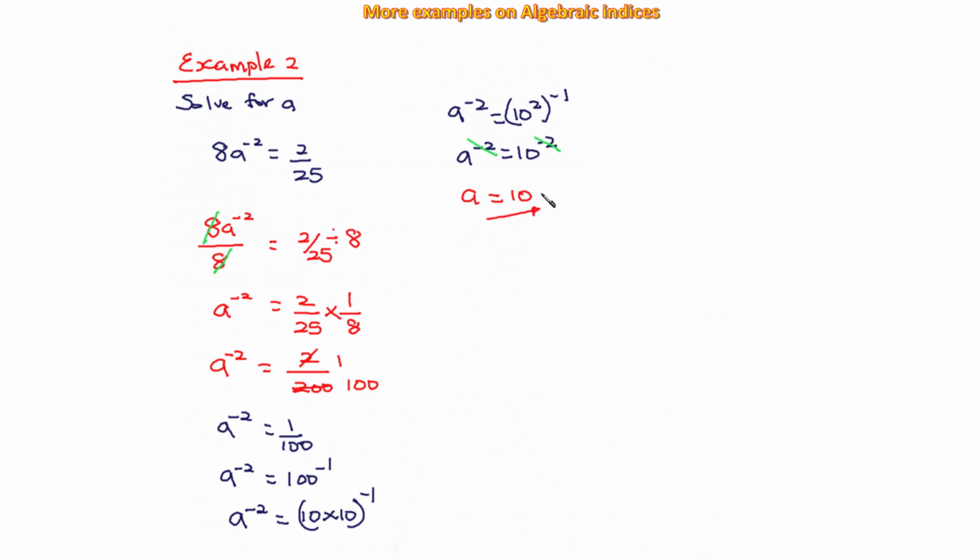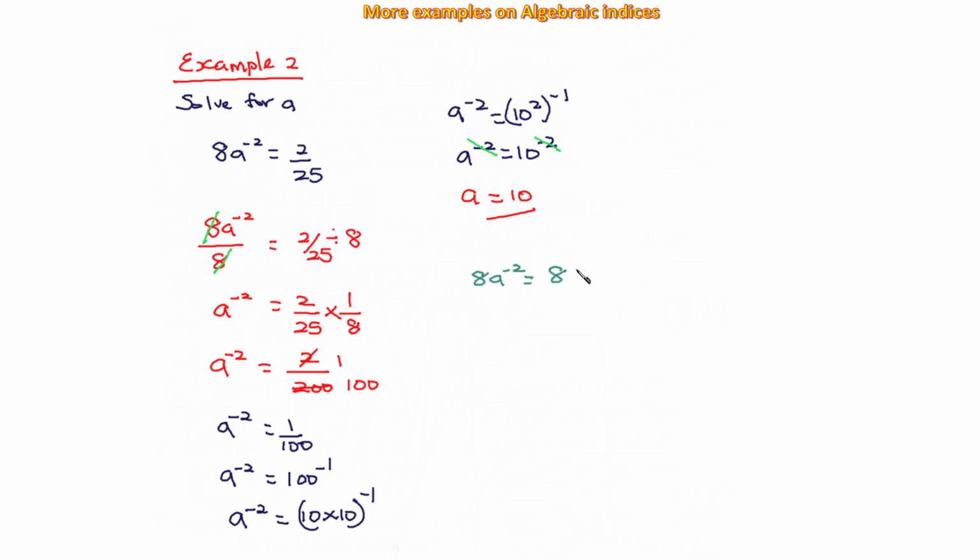Simple. That's just how you can go about it. Now, if you put a to be 10 here, what should be your value? Let's quickly do a checkup. Assuming you have 8a raised to power minus 2, let's put our 10.